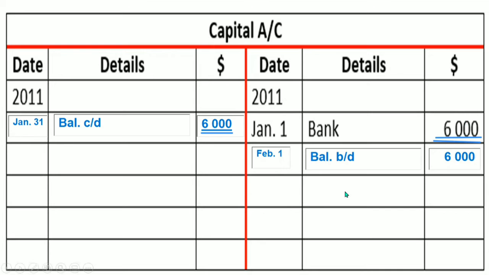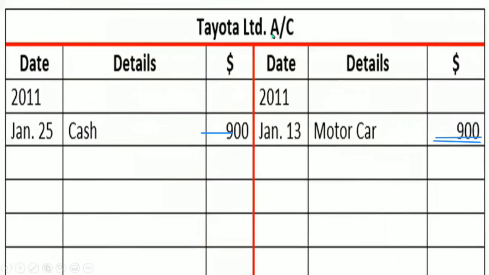And I'm going to look at one more account. Now, here we go with the account for Tayota Ltd. And we're in the process of balancing off. Now, looking at the account, look at the debit side and the credit side. What is the total?